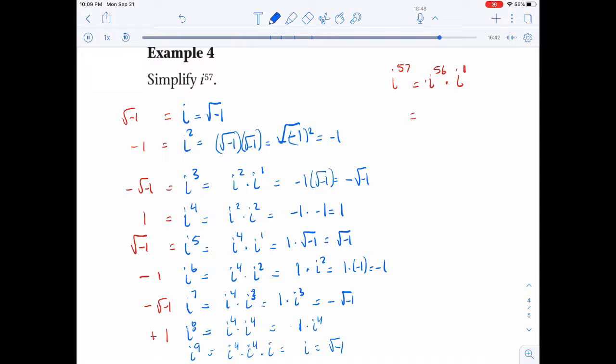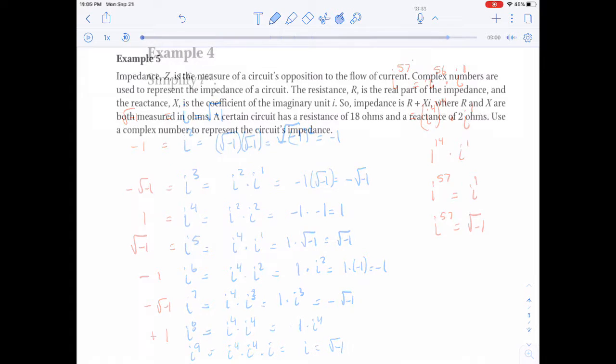In other words, i to the 56th is equivalent to i to the fourth raised to the 14th power, and then multiplied by i to the first. For i to the fourth, let's go ahead and substitute 1 in there. So we have 1 to the 14th power multiplied by i to the first. So i to the 57th is equal to i to the first, which is equivalent to the square root of a negative 1.